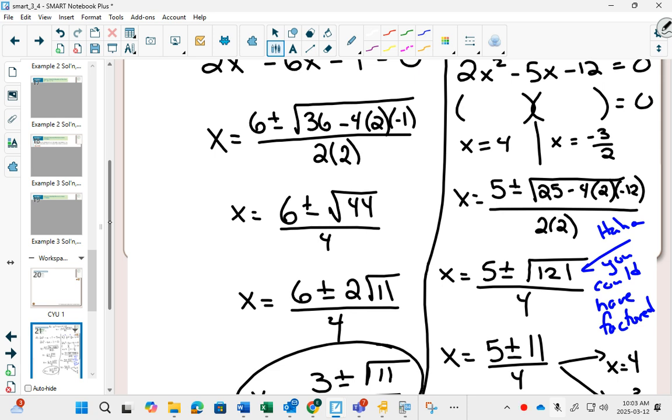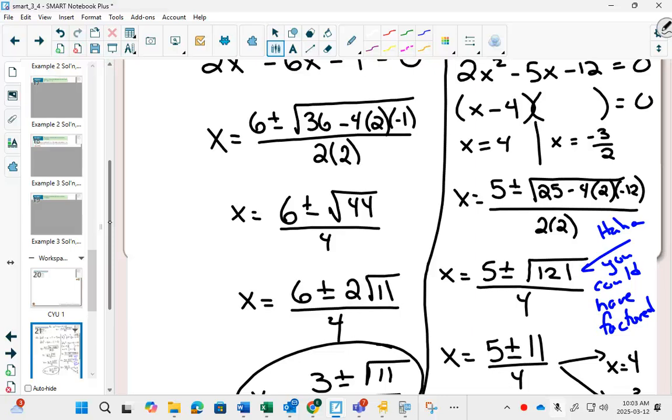And you can actually really quickly factor this by cheating and using the answers. And what I mean by that is if you know one of the answers is x equals 4, what's the factor that would make x equals 4? Does that make sense? That if x equals 4 is the answer, then the factor had to have been x minus 4.